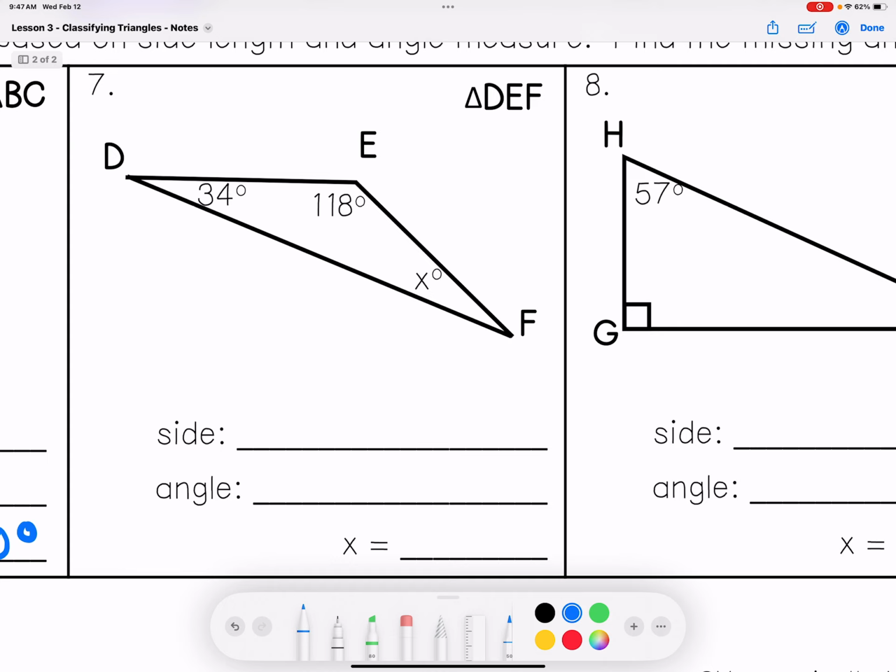All right, this one, they give you two of the angles, so you just have to add up and subtract. So it's 34 plus 118 plus x equals 180.